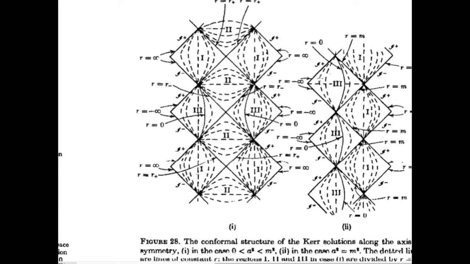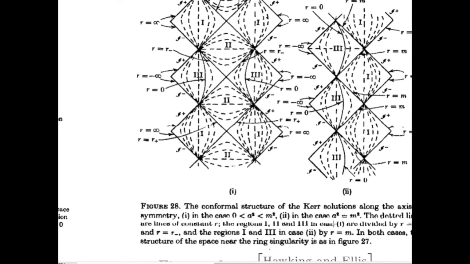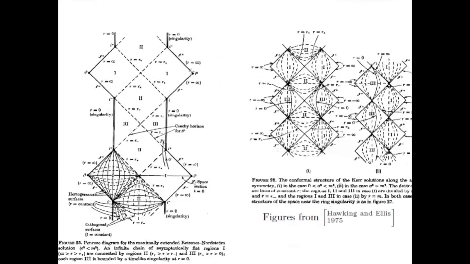And here you see the so-called extremal limit, where the angular momentum is set to a very specific value. In that case, the structure changes a bit, and we will come back to the extremal limit later. So these are the Penrose diagrams for the Reissner-Nordström and Kerr black holes.